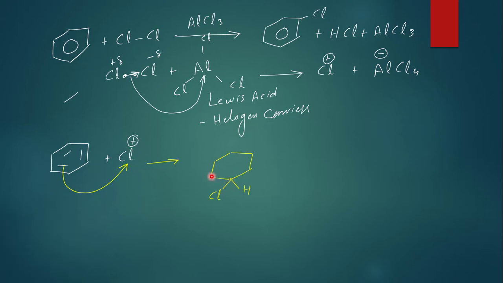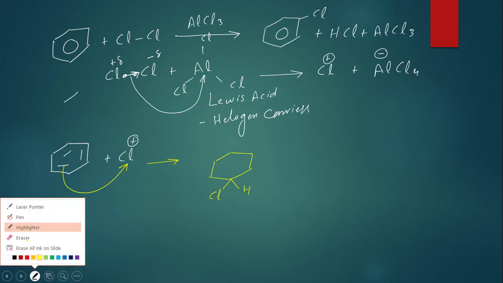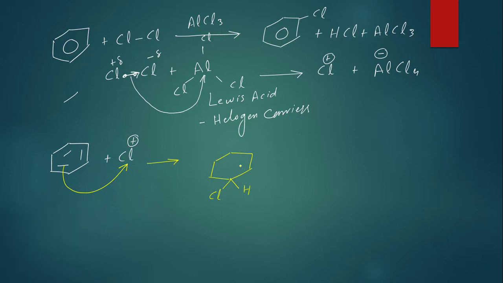Okay, now this one has some positive charge here, and the rest of the ring will also carry some positive charge, and that represents the delocalisation of that charge within the molecule. So we will draw this, showing the positive charge.